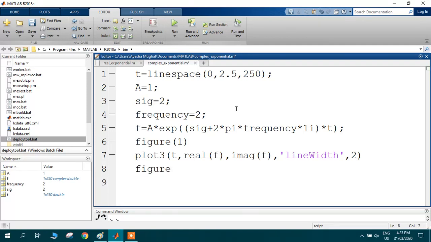Now I will call figure again, as I'm going to plot 2D plots of the imaginary and real part of this function separately. For the 2D plot, I will use the plot function. I will pass time and the real part of this function, and I will set its line width.